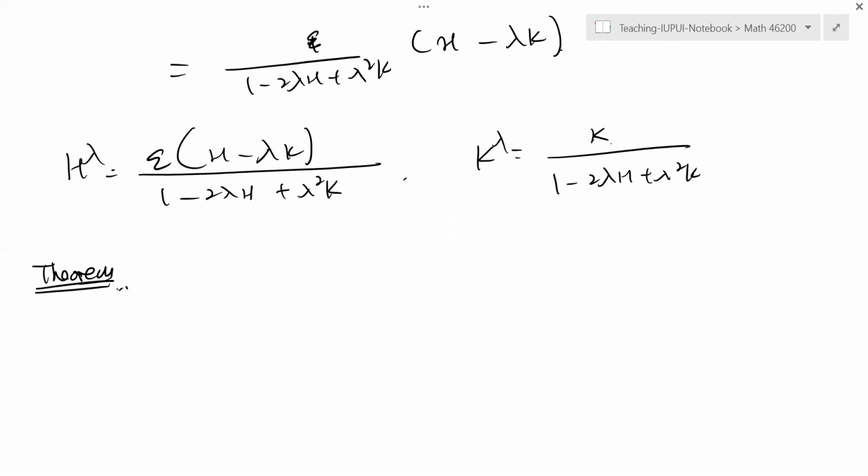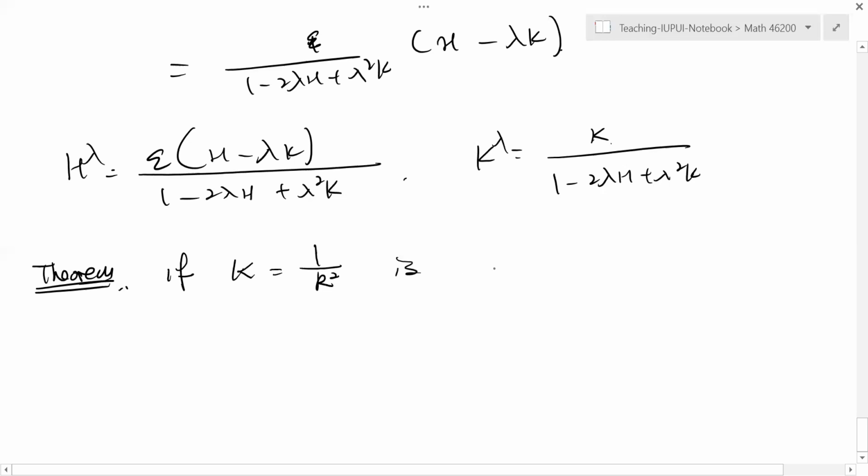The theorem says that if K equals 1 over R squared, originally a constant, right? Positive constant curvature. Then H lambda is going to be 1 over 2R. It's constant. Wow.